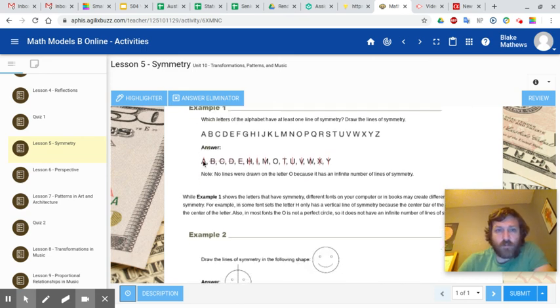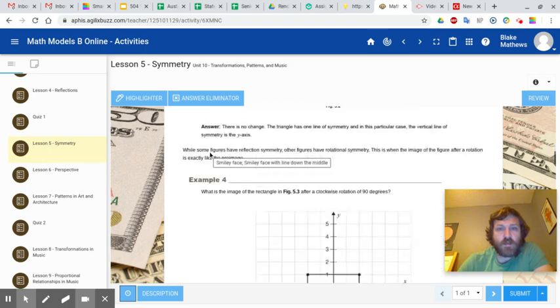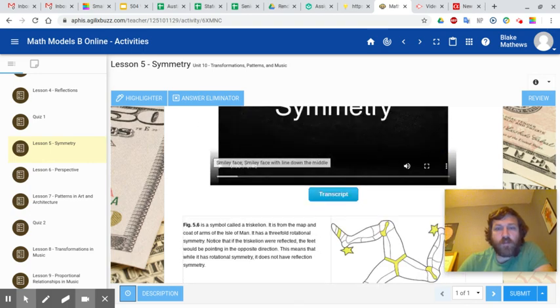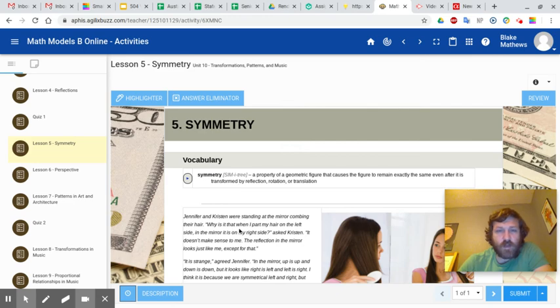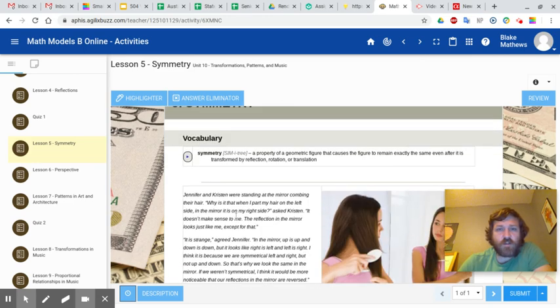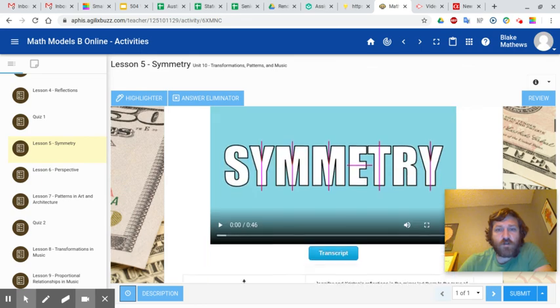So they give an example here of letters. Like A is symmetrical in the sense that if you fold it along this middle line, it would meet up with itself. What you're going to be doing is looking at, basically, questions about whether things are symmetrical. We have two main types of symmetry that we're looking at: reflection or rotation.